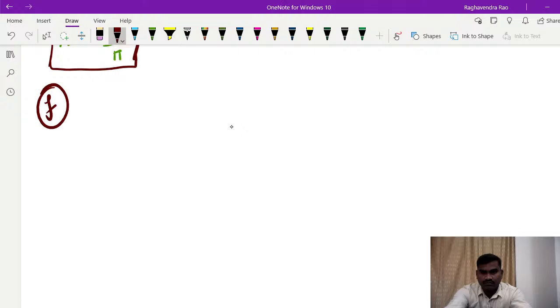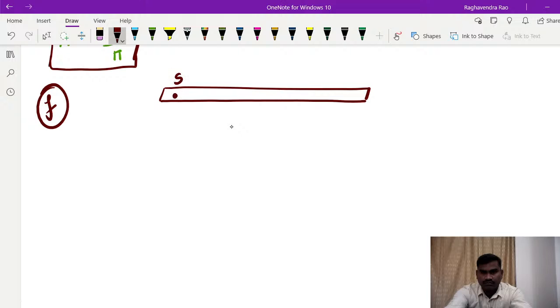Next point. Now here, when a bar magnet is bent in the form of a semicircle, magnetic moment will be 2m by pi. So this is south pole and this is north pole.